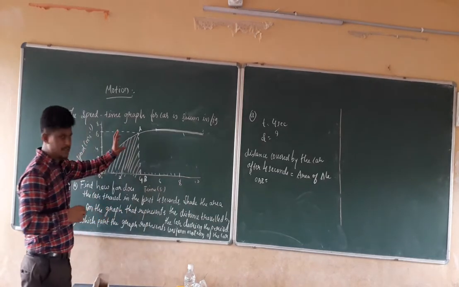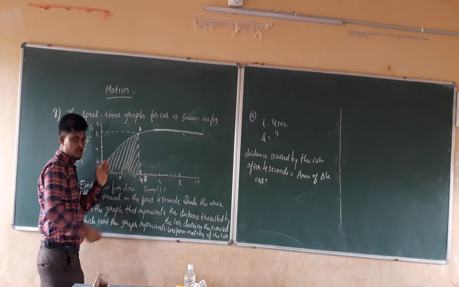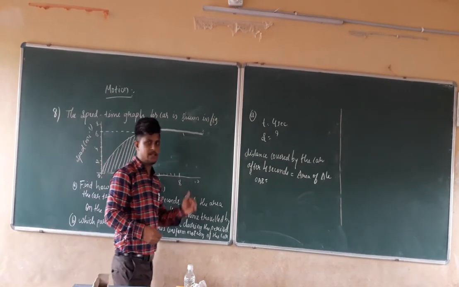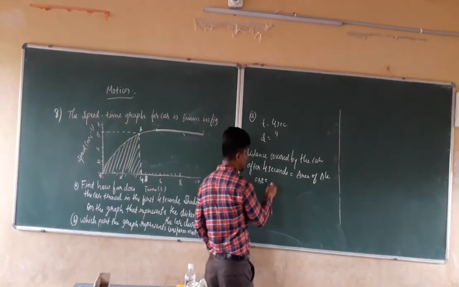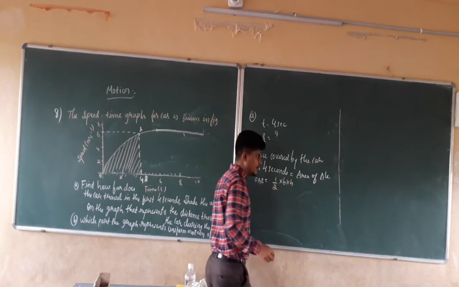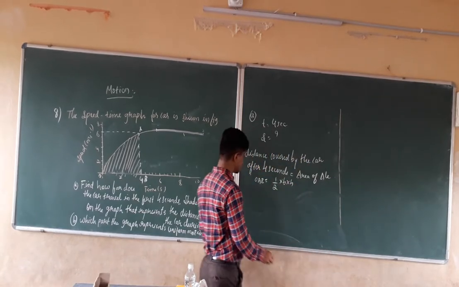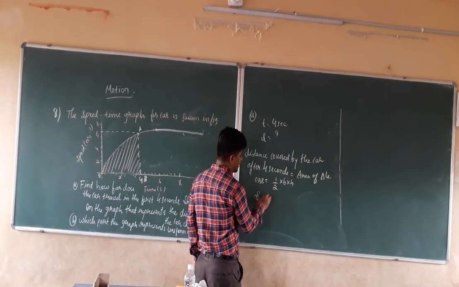That is nothing but the total distance covered in this case. This much area gives us the distance covered by the car. If you remember the formula for the area of a triangle, it is half B into H.